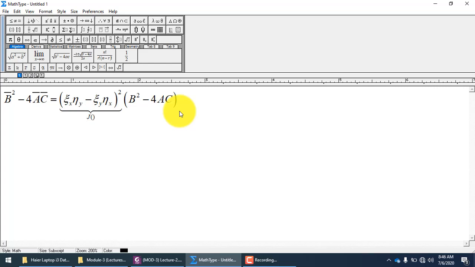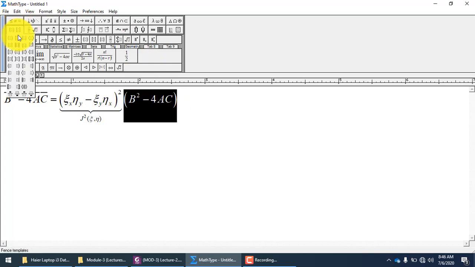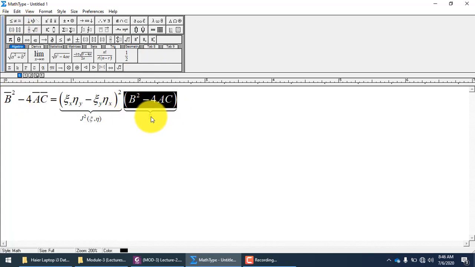What was your transformation? Transformation was xi and eta. So this quantity is actually Jacobian square basically. So you can write J square if you want. And on the right hand side, this was denoted as the discriminant.